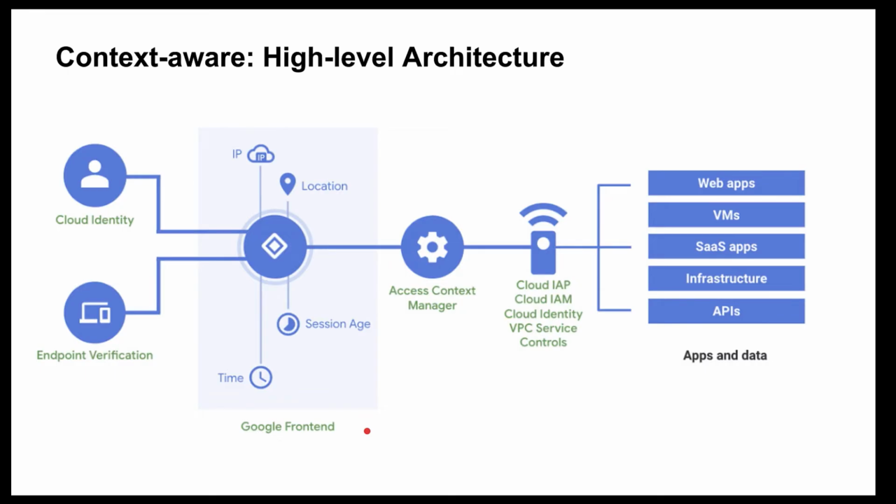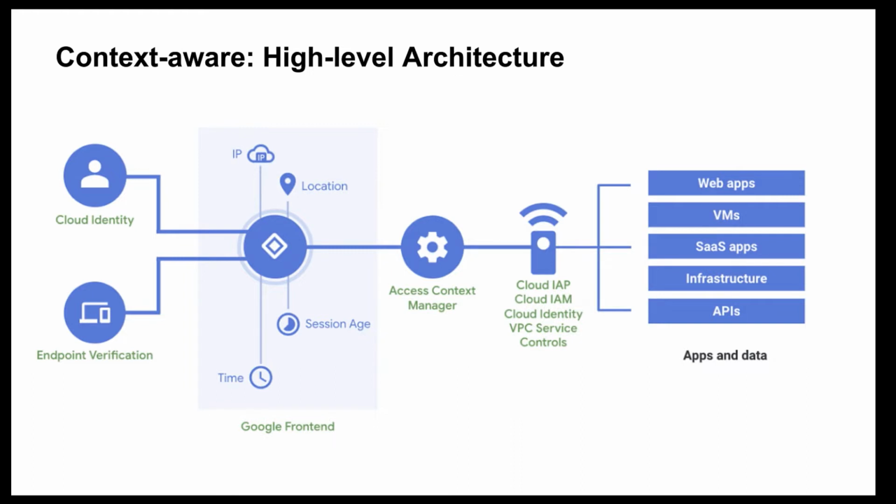Hey folks, ever since 2011, we have been leveraging the BeyondCorp Enterprise model, also known as Zero Trust, to protect access to our internal resources. In the past few years, we've made it easier for you to adopt the same model for your applications, APIs, and infrastructure through context-aware access capabilities that are natively built into our cloud platform.